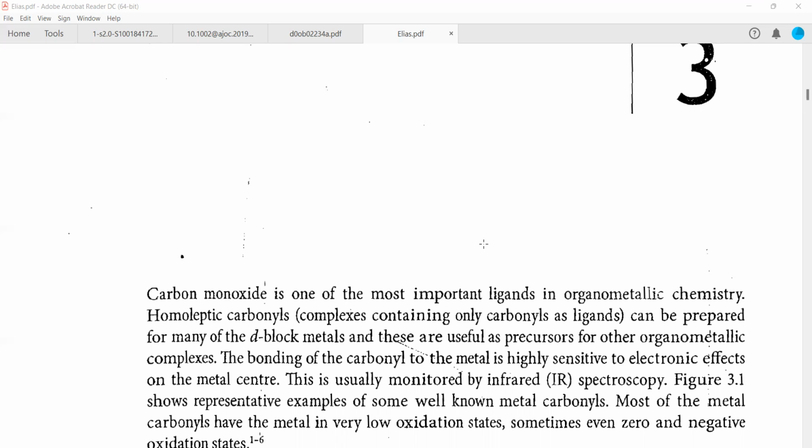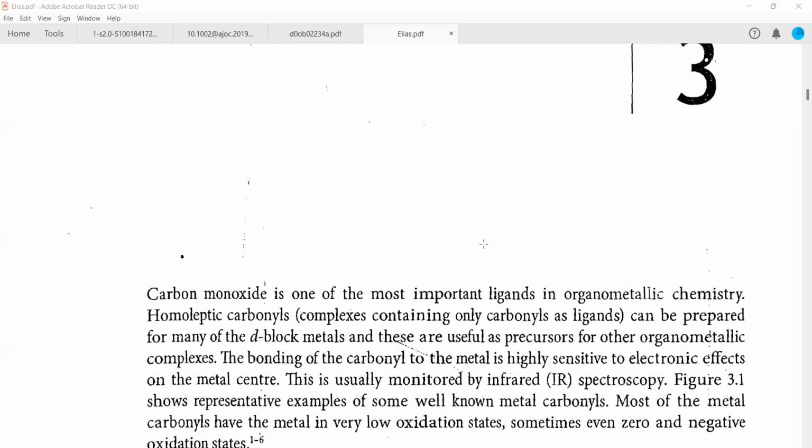Also, there are a lot of spectroscopic techniques that let you learn about the carbonyls and the type of bonding with the metal complex. First of all, you cannot get information from a proton, right? Because carbonyl has no H. But you can get information about the carbonyl from 13C, and also from the C double bond O stretching frequency, which is very sensitive.